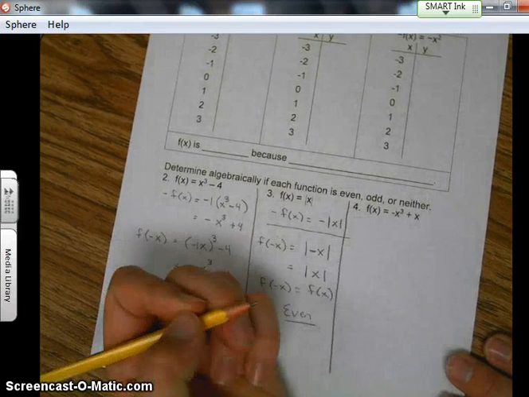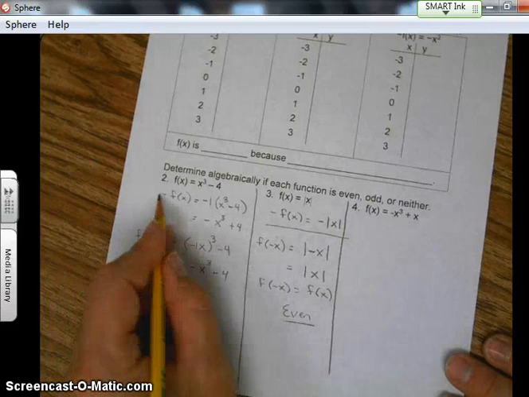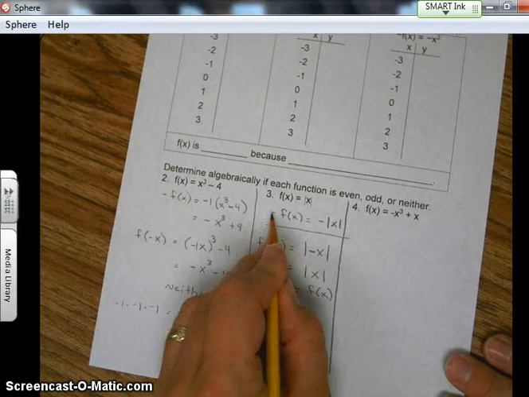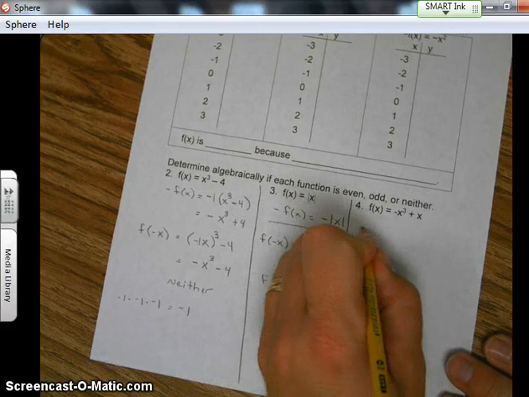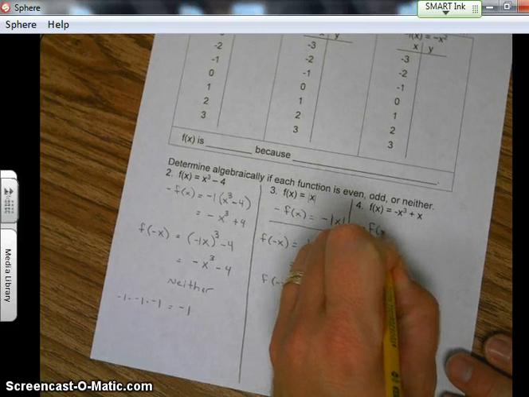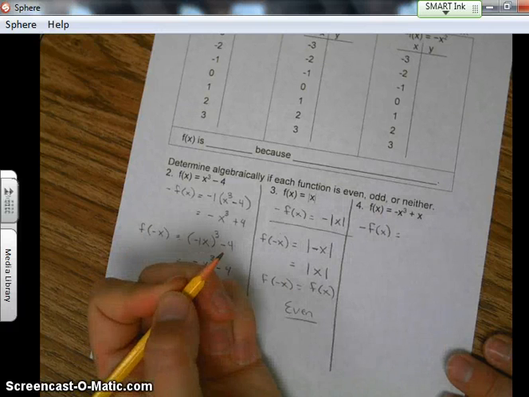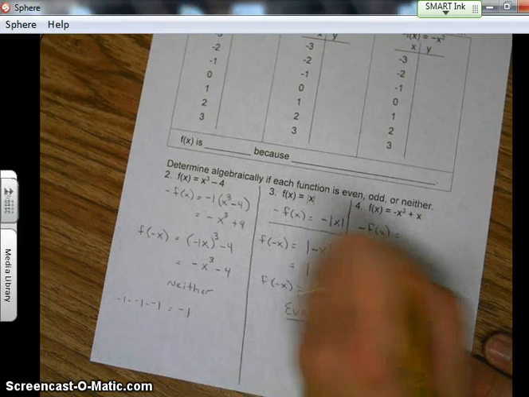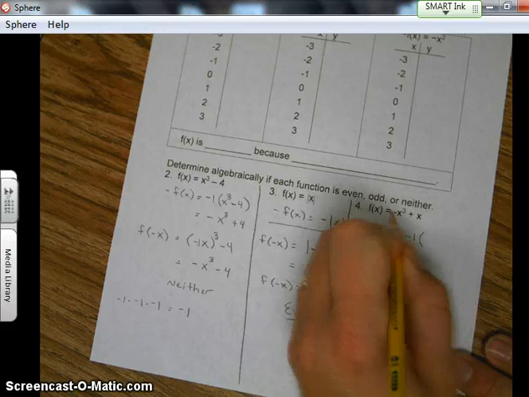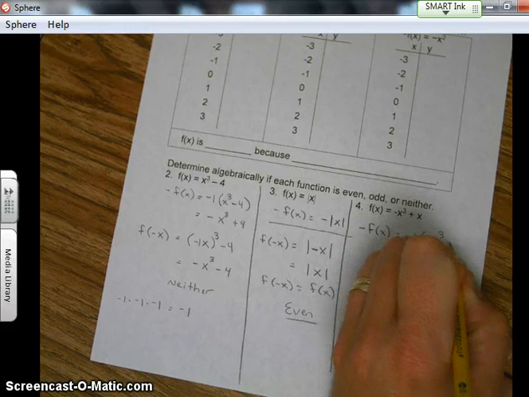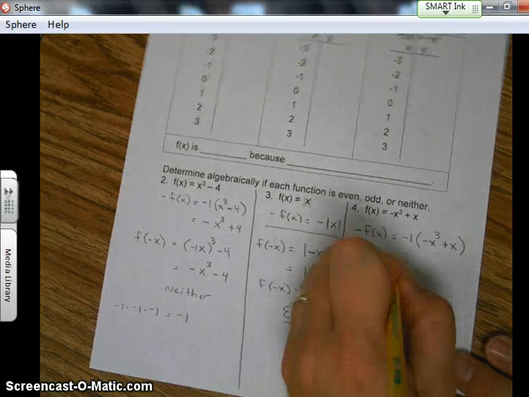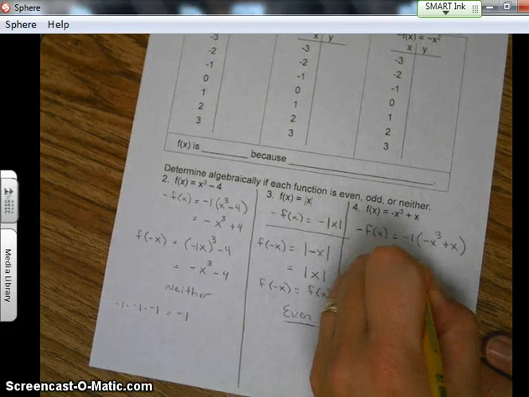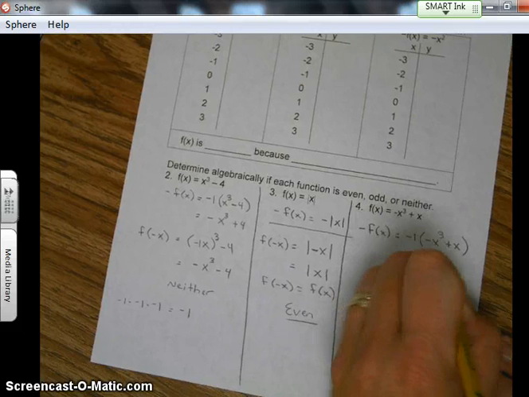First thing we do, again, we did it once, we did it twice, third time: multiply the function by negative 1. Okay, so we're going to have negative 1 times f of x, distribute, so we get x cubed minus x.